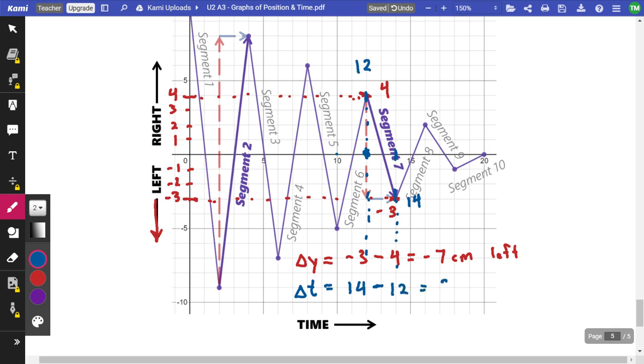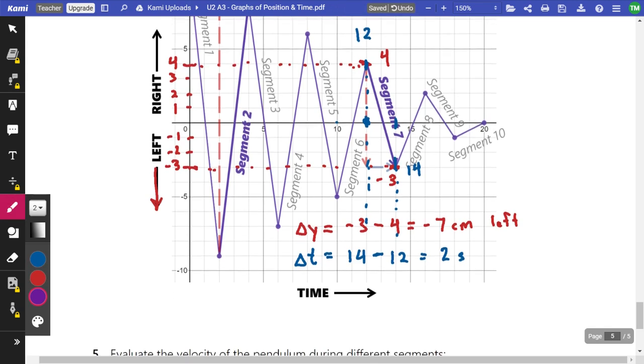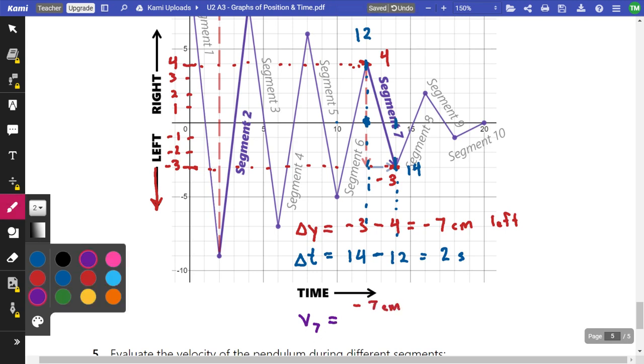That's going to be equal to 2 seconds. So let's calculate the velocity. The velocity for segment 7 is going to be equal to that -7 centimeters divided by the 2 seconds it took to get there.